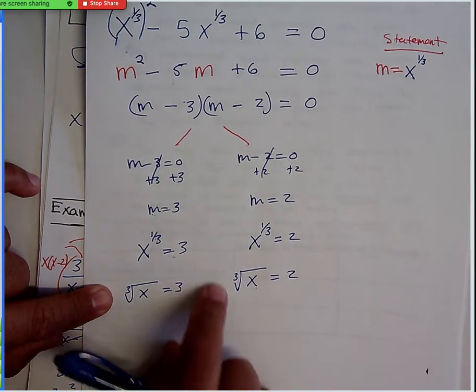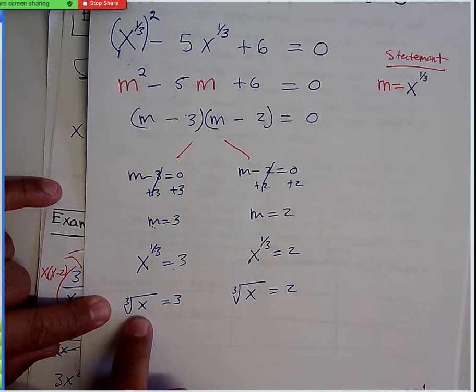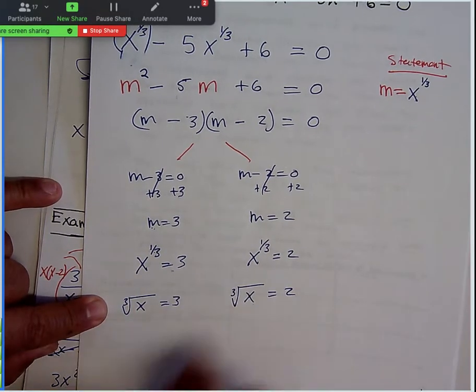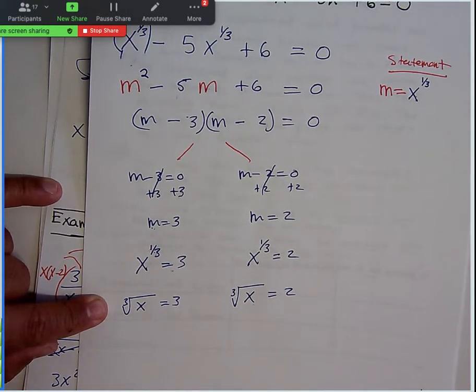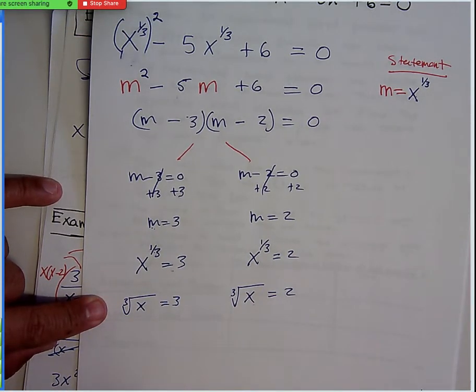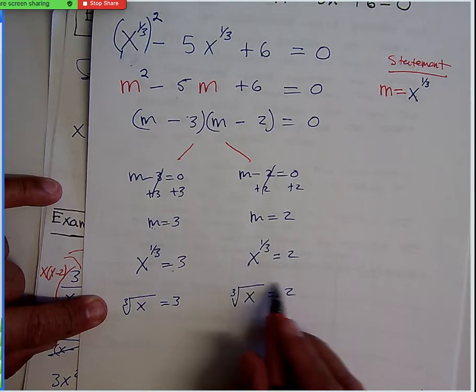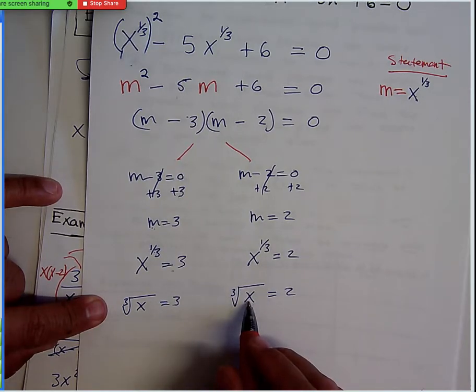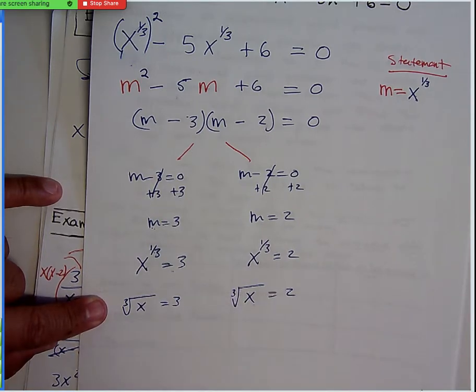So we reached this step. How can we solve for x from here? So this is a cube root. Cube root of x. So in order to solve for x, we need to get rid of that radical. How can we get rid of this radical?